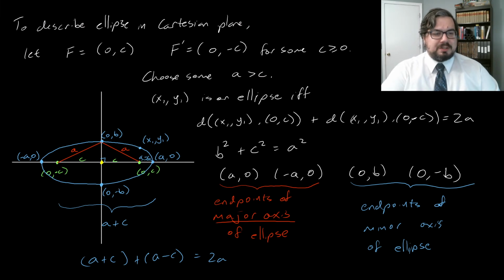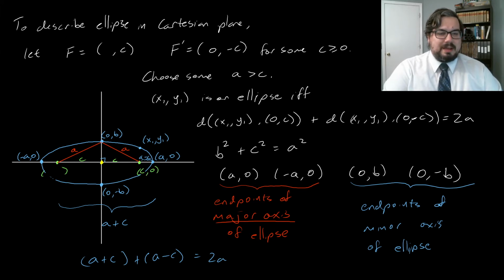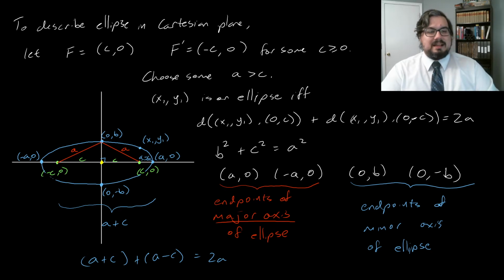Now, I just noticed that I made a mistake here with the notation, which is going to cause us problems if we don't correct it. Sorry about that. The foci, the way I have it drawn, should be c comma 0 and negative c comma 0, because I sketched my ellipse out with the major axis being horizontal, and therefore the foci also lie on that axis.